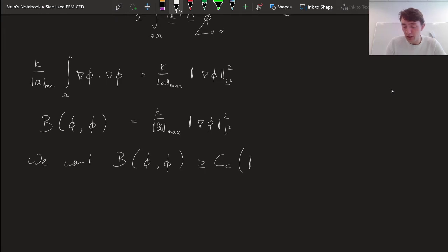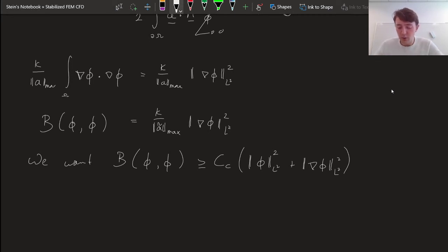The H1 norm square is going to be phi in L2 square plus the gradient of phi in L2 square. That was our H1 norm. So we have already this gradient of phi square in L2, so that's what we have. But we're missing this term. We're missing the L2 norm of the function phi itself.